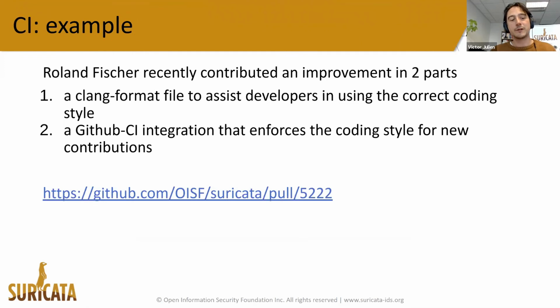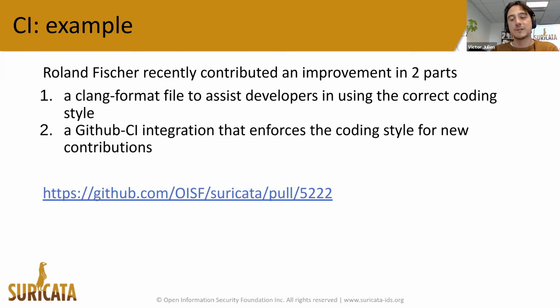An example on the CI front is that Roland Fischer quite recently made a contribution. He did a Clang format file, which controls the code formatting in Suricata. He also created a GitHub CI integration so that when people do a pull request, the code they contribute is checked for compliance with the formatting standard that we use, and it will flag it if it fails.